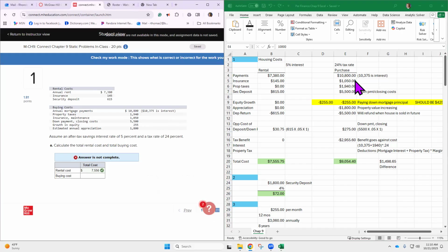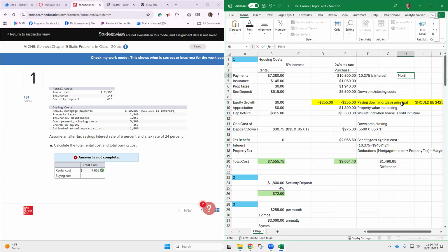Now they do have that little notation off to the side of $10,375 is interest. So mortgage payments have both, and I'll put this to the side for a note, principal and interest when you pay them.